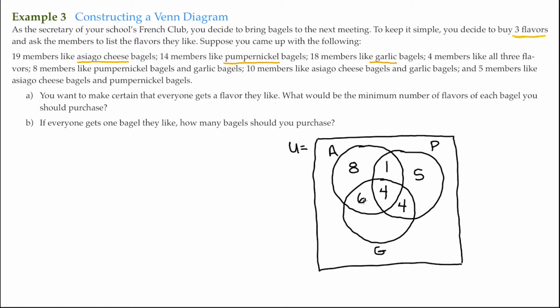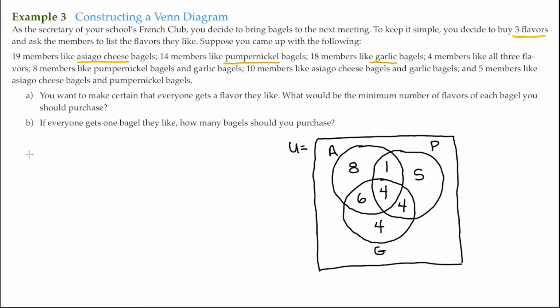But we already have 6 and 4 and 4 that are already accounted for. So that's 14. So then 4 is going to go out here.